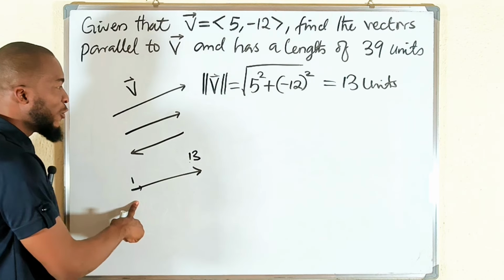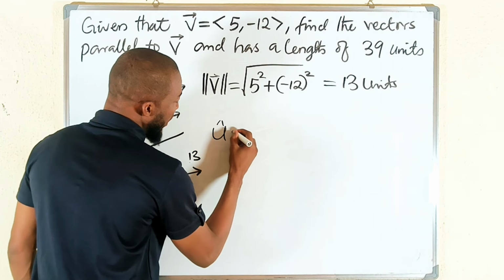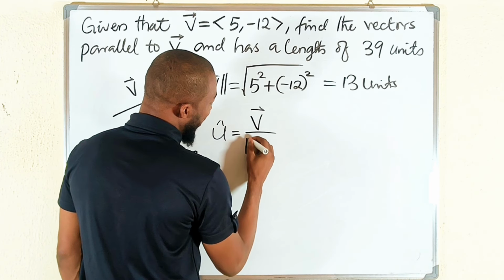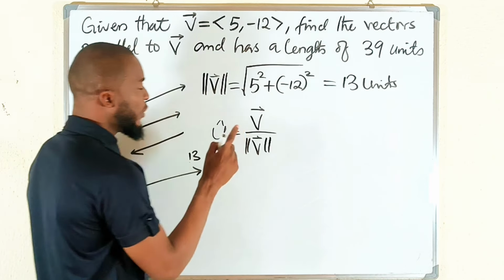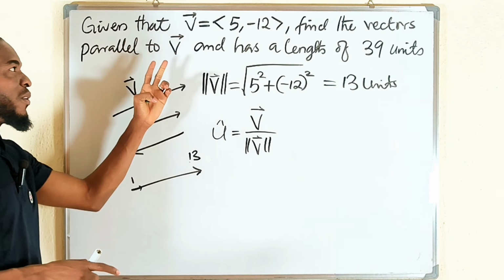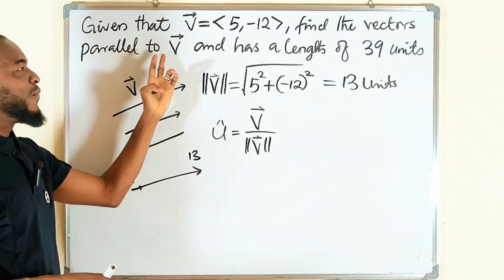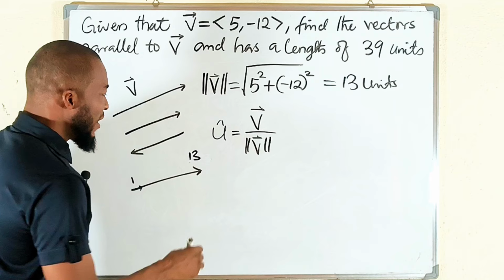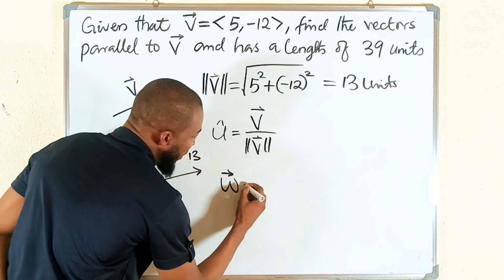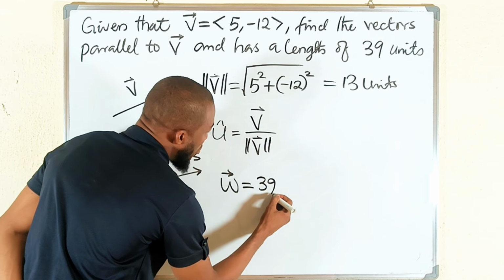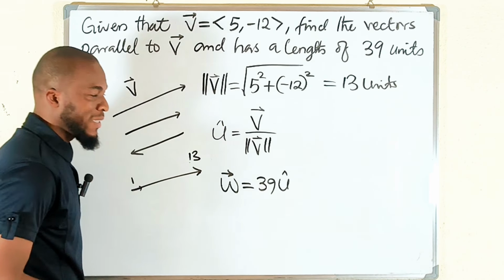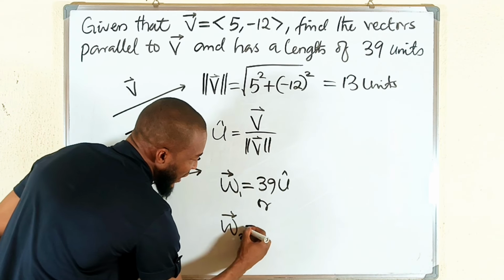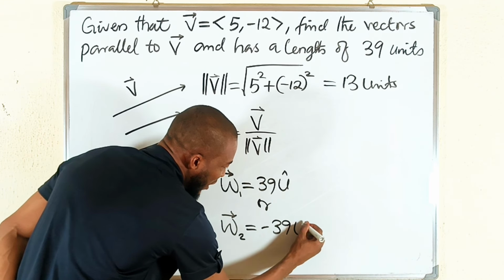So how can you find the unit vector? The unit vector is equal to the vector itself, v, divided by its magnitude. This will give us the unit vector. Then because we are looking for the vector that is parallel to this one with a length of 39, that vector, let's call it w, will be equal to 39 multiplied by the unit vector, or, let me call this one 1 and this 2, negative 39 multiplied by that unit vector.